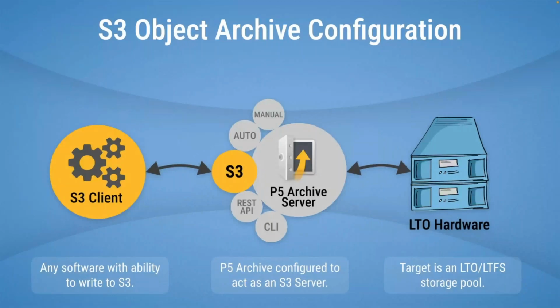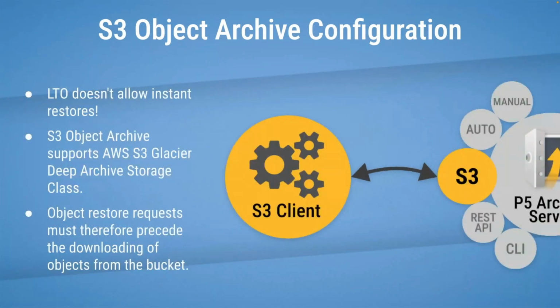So how is this configured? Before that, we've got just a slide where I'm saying that the S3 server that P5 provides is ultimately handing off the objects that we're receiving to tape. And that means that although you'll be able to see the objects that are in the bucket that P5 Archive is providing, if you want to access one of those objects, obviously tape doesn't allow instant restores, but that's okay because there's a service provided by Amazon Web Services called S3 Glacier Deep Archive, which is also very likely using tape.